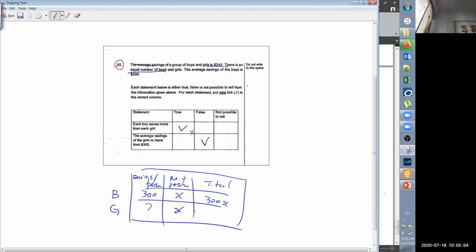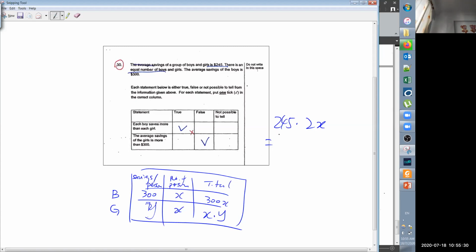So let me change this to y, okay? So you have x and y, x times y. And then what it says, the average savings of group boys and girls is 245. So that means you can actually find out what's your y already, because 245 times the 2x will be the total savings for boys and girls.